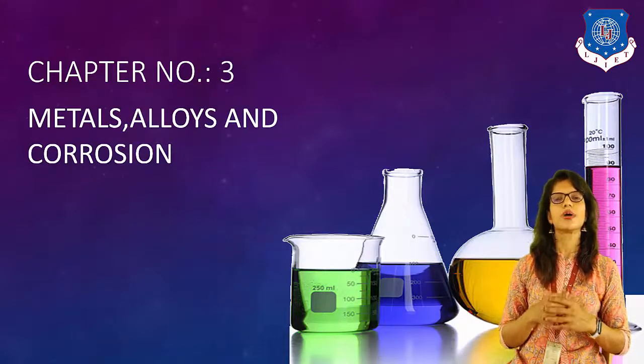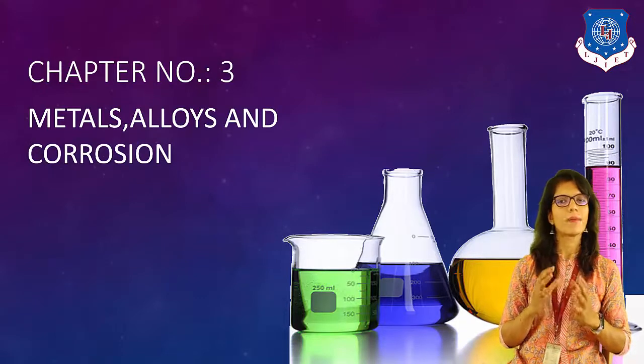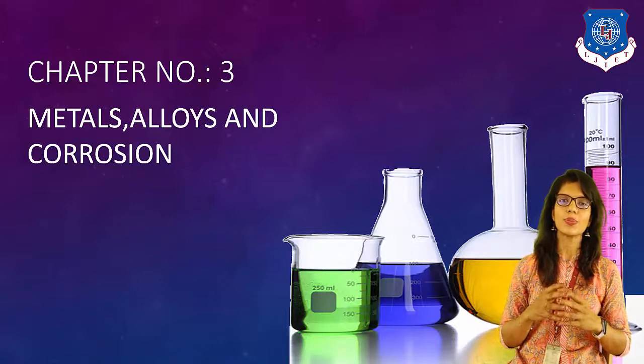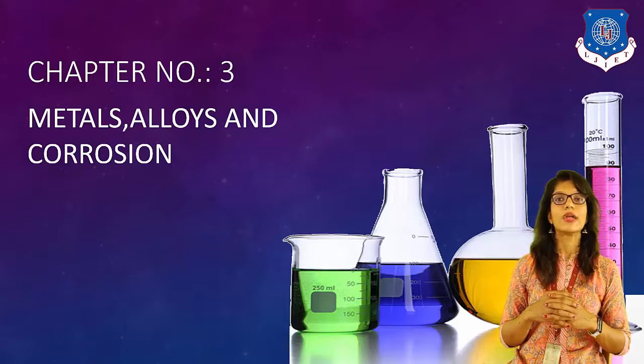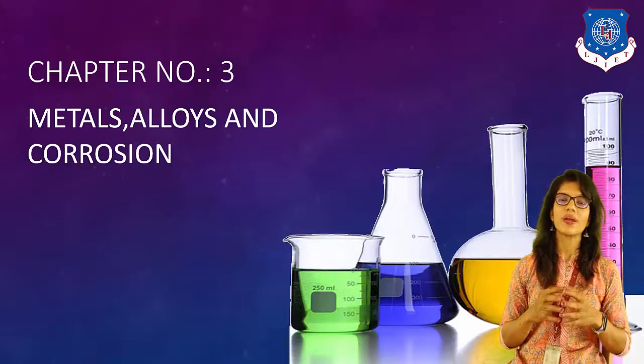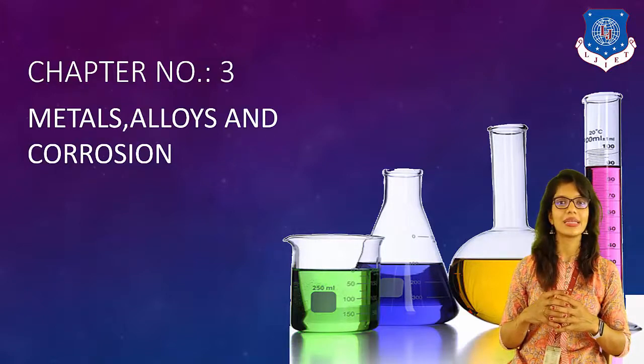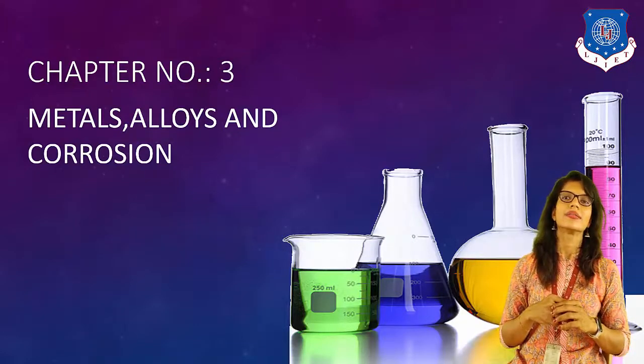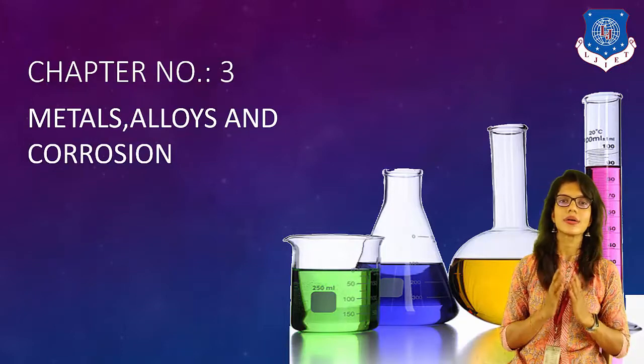In this chapter, we have studied what a metal actually is and what the physical properties of metals are, like luster, malleability, ductility, etc. Along with it, we have seen their actual applications or examples.